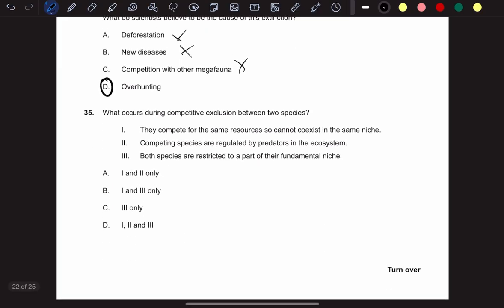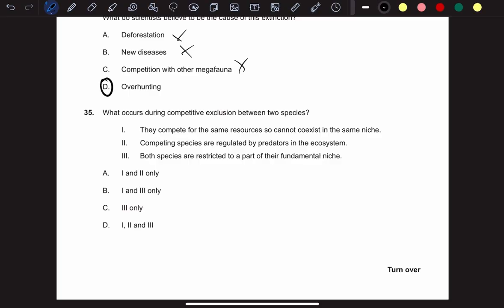What occurs during competitive exclusion between two species? They compete for the same resources, so they cannot coexist in the same niche. Competing species are regulated by predators in the ecosystem. Both species are restricted to a part of their fundamental niche.